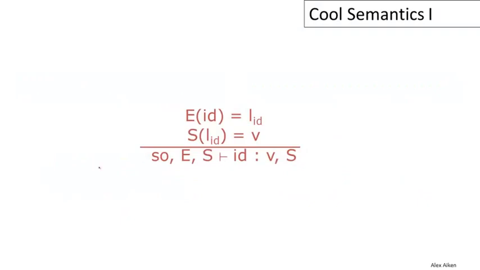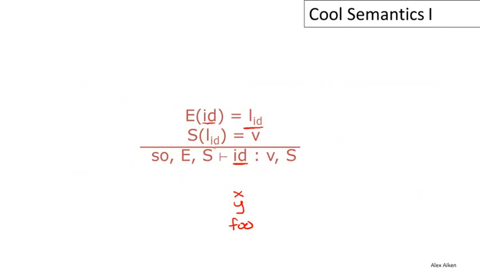The evaluation of identifiers is very straightforward given that we have both an environment and a store. So to evaluate an identifier, and this would be a variable name like x or y or foo, what do we do? Well, first we look up in the environment where that identifier is stored. That will give us back a memory location, L sub ID in this case.